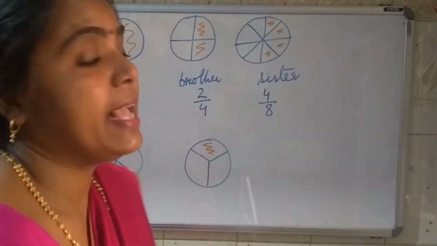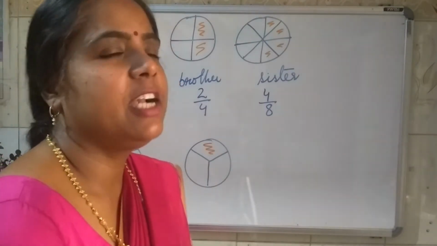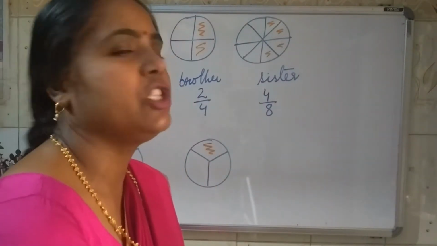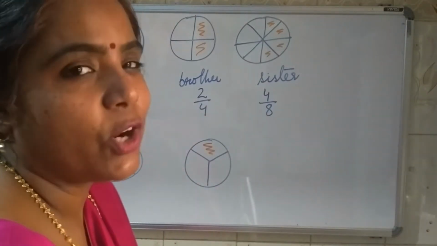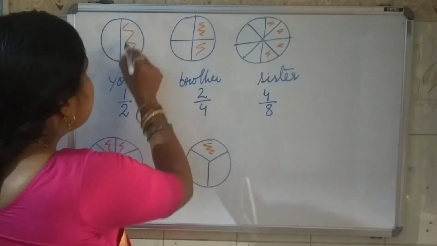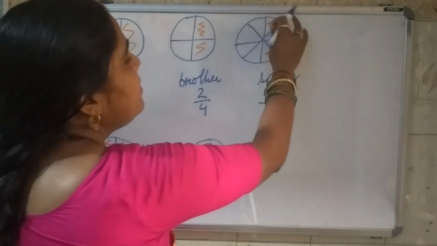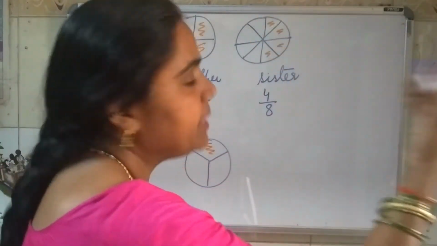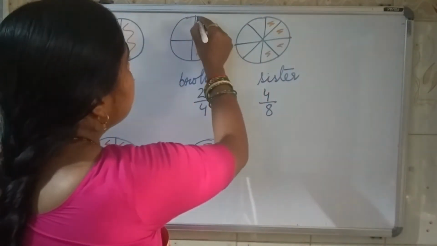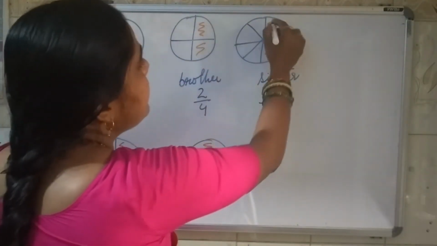Now, as human nature, you start thinking, Mama loves my sister more. Same story is going on, but it is not like that. If you see the size of the pizza which you have got, either you or your sister or your brother, all are the same. You can see the size of the pizza is the same.